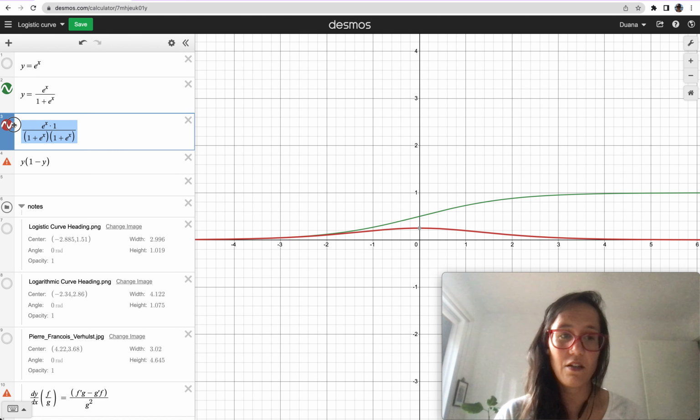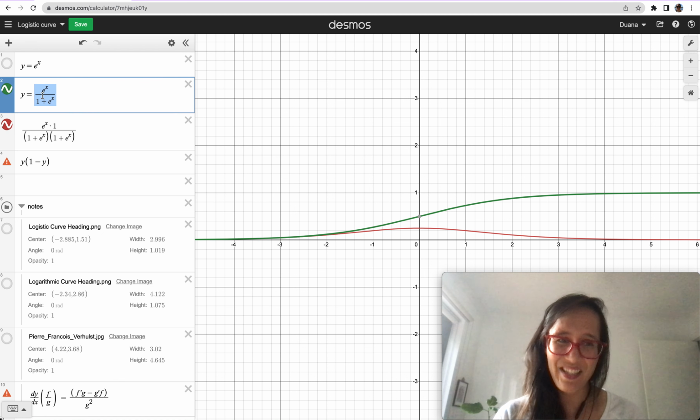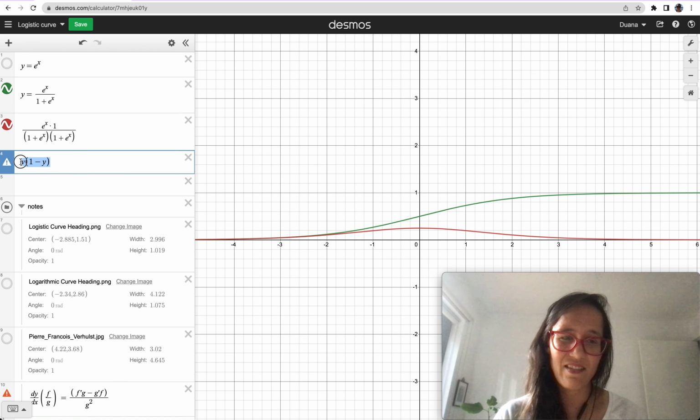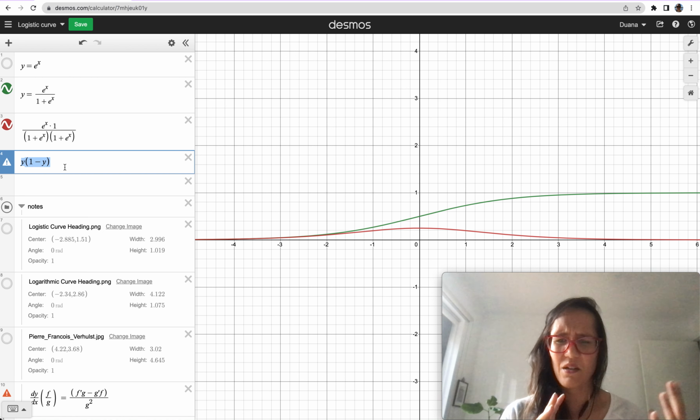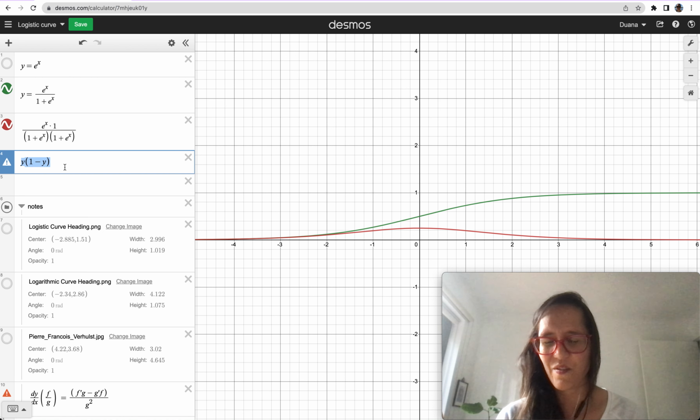For this curve that's got a few more e to the x's in different places, its derivative is almost itself. It's itself times 1 minus itself. And that's quite cool.